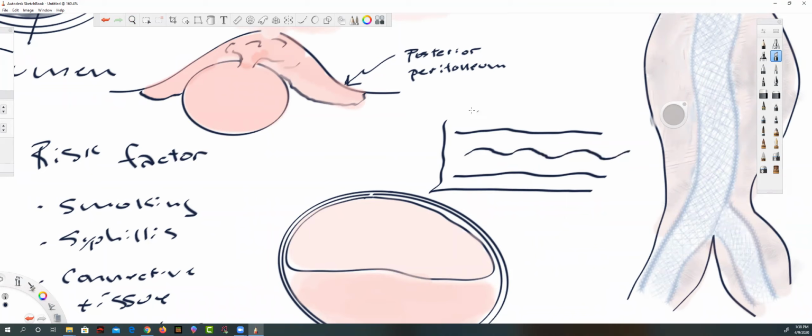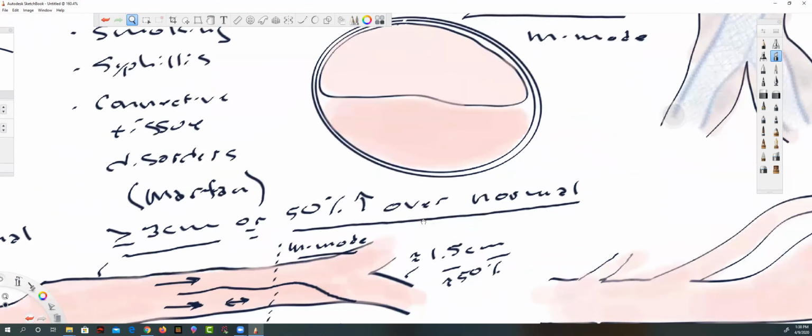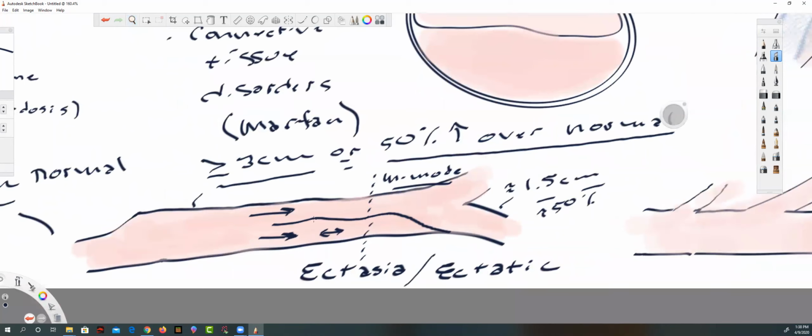And that's a great way to prove that you're not looking at an artifact. Remember reverberation artifact? Reverberation artifact sometimes gets in the middle of a larger vessel and we think, oh, I see that all the time. That's nothing here. I'm just seeing the wall of the aorta, and it's been reflected back and forth a couple of times, creating an artifact here. Well, if you ever want to prove that it's not an artifact, M mode is a great way to go.